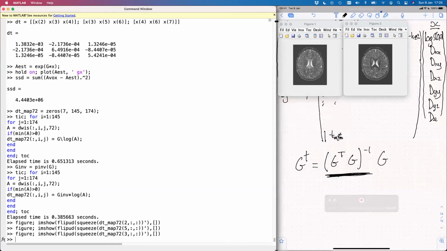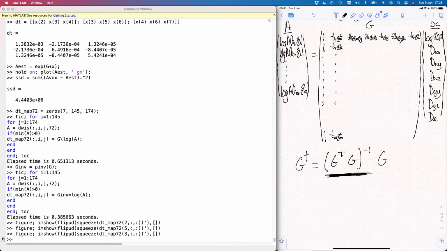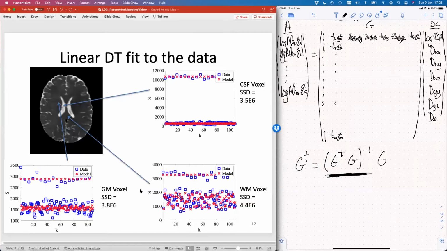Let's jump back to our PowerPoint for a second and think a bit more about what this object, the diffusion tensor, tells us. So actually, before we do that, this is just equivalent to the earlier figure that I showed, showing the diffusion tensor fit to the data in the 3 sample voxels. We get a much lower error score in the white matter voxel and a clearer fit of the estimated measurements to the actual measurements.